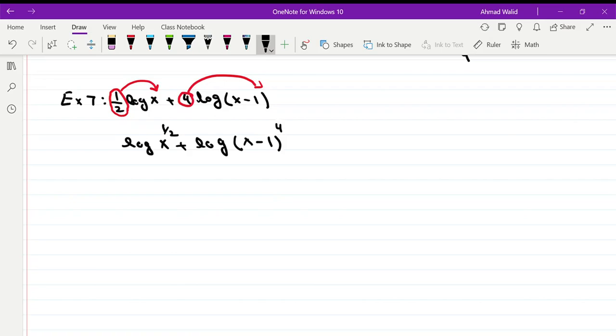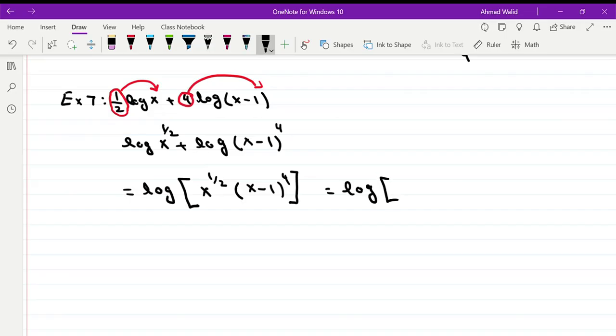I'm excited, I made a mistake. Now addition, to write addition as one single log, you have to change it to a product. Then you can write log of x to the power of 1/2 times x minus 1 to the power of 4, all base 10, whatever the base is. I think the base is 10. Correct? Here, x to the power of 1/2, you can write in radical form. You can write it as log of square root of x times x minus 1 to the power of 4 as one single logarithm.